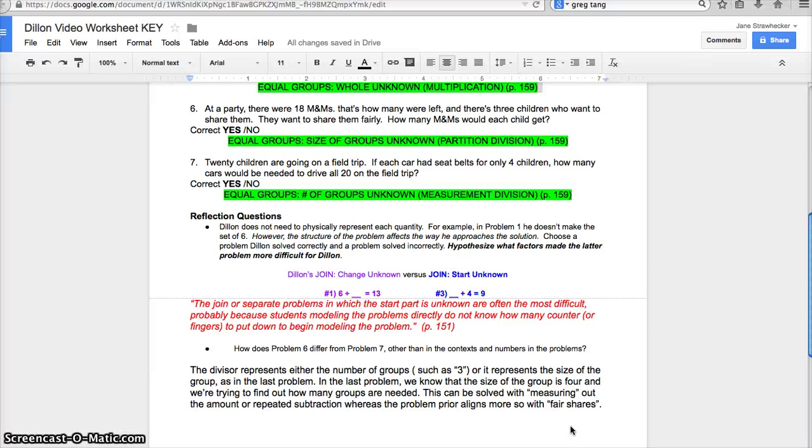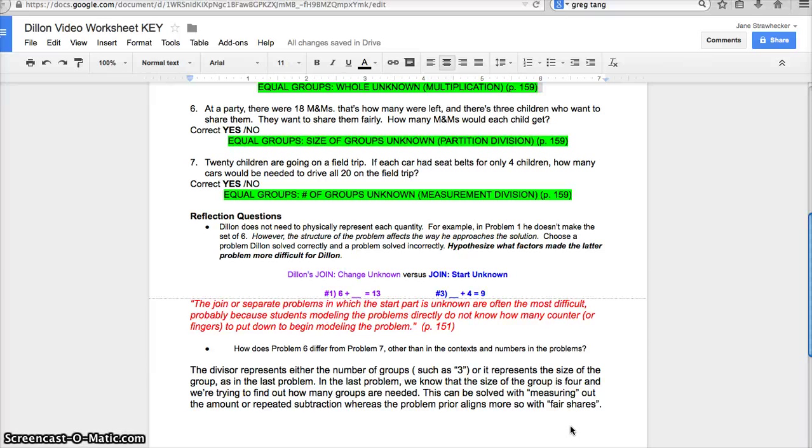But in problem number 6, where we have the fair share meaning or the partition division, in my opinion, that kind of taps into kids who have grown up in appropriate social settings where they know that they have to share and they have to share fairly, and that will be the more common of the two types versus the measuring out.